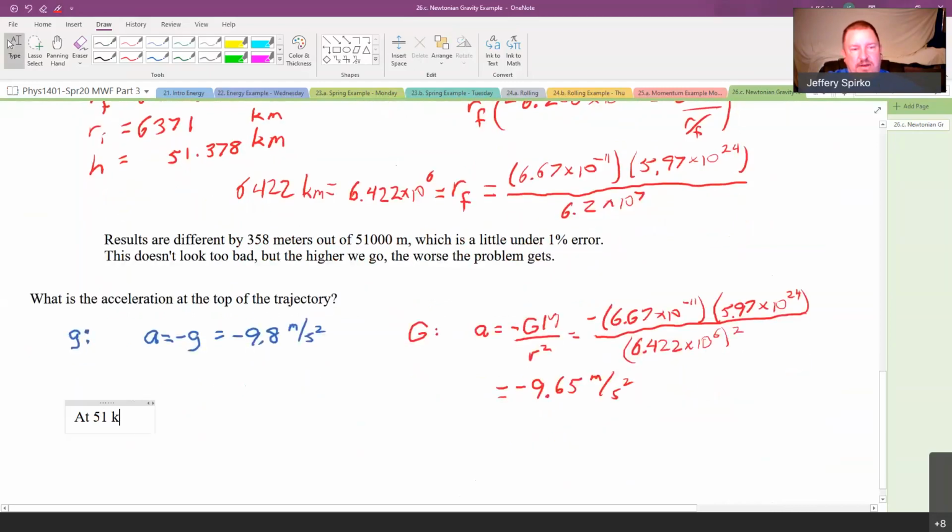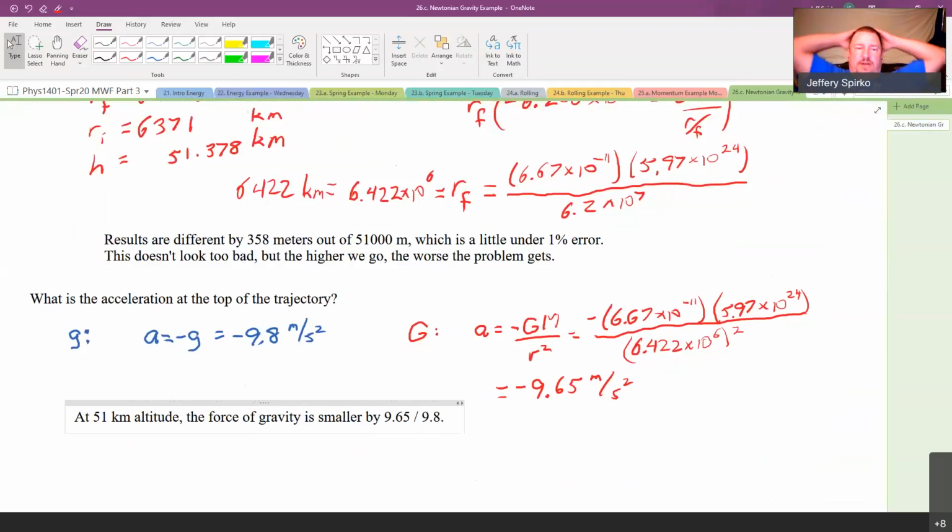So at 51 kilometers altitude, the force of gravity is actually a little bit smaller than it would be at the surface of Earth, and hence the acceleration due to gravity is a little bit smaller than at the surface of the Earth. So that's kind of an interesting thing about doing calculations in Newtonian gravity as opposed to doing calculations in plain gravity at the surface of Earth.